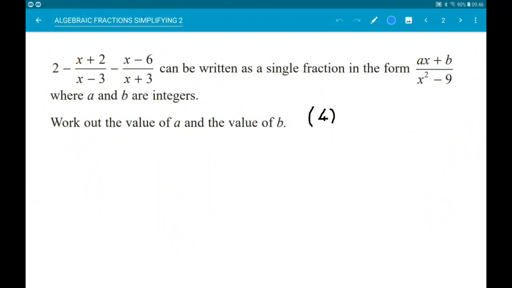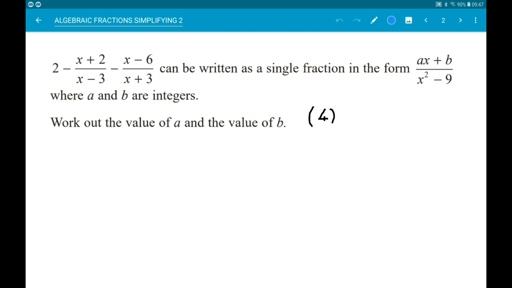First up: 2 minus (x + 2) over (x - 3), minus (x - 6) over (x + 3), can be written in the form (ax + b) over (x squared minus 9), where a and b are integers. Find the values of a and b.